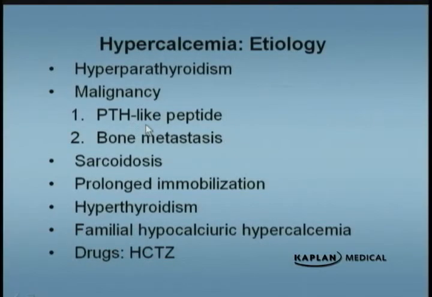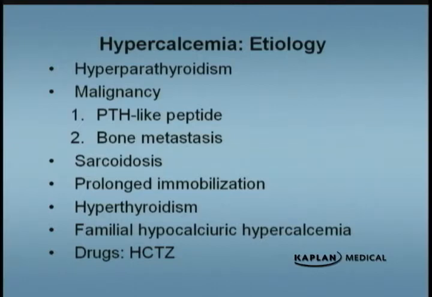But the other one that we also see, which is very interesting, and they ask us a lot on the boards, is parathyroid hormone-like peptide, which is secreted commonly from squamous cell cancer. Squamous cell cancer usually of the lung, but you could also have squamous cell cancer of the esophagus and head and neck area.